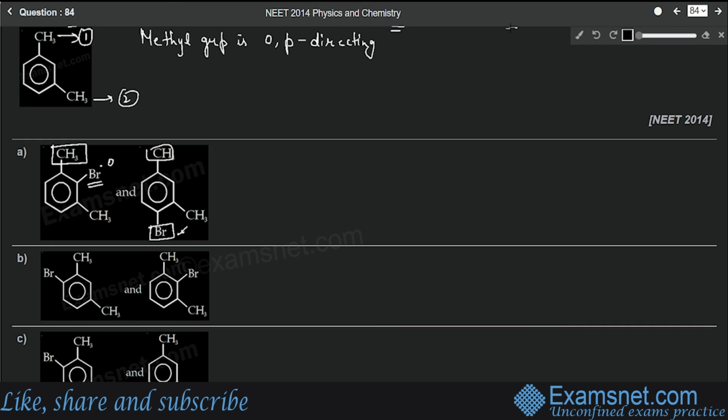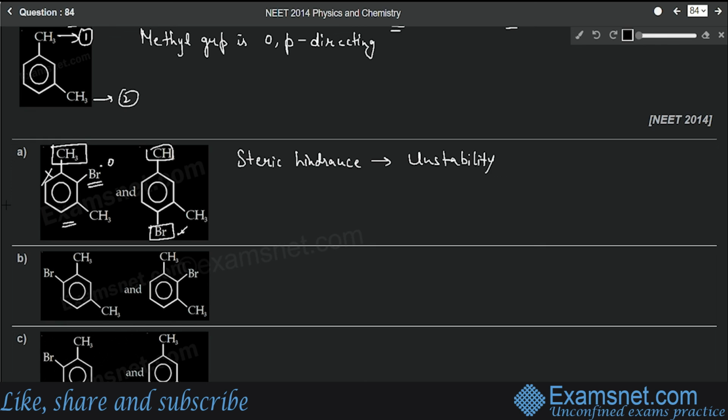So yes, here we are getting ortho and para products both, but in the first product bromine is present between two methyl groups, so due to this there will be steric hindrance, and steric hindrance will cause instability. So this compound will be unstable, so this is not the correct option. Now let's move to the second option.